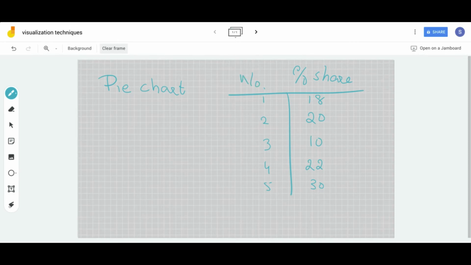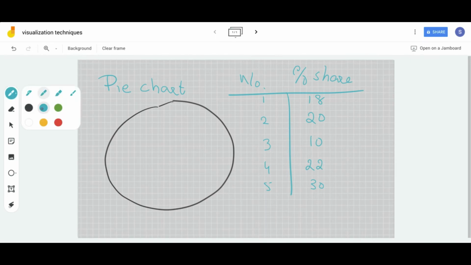So what I can do then is, if I were to go back to my pie chart, which is represented by a circle here, I start with this, and let's start clockwise. Student one took 18%. Student two took 20%, which is going to be slightly bigger than that.